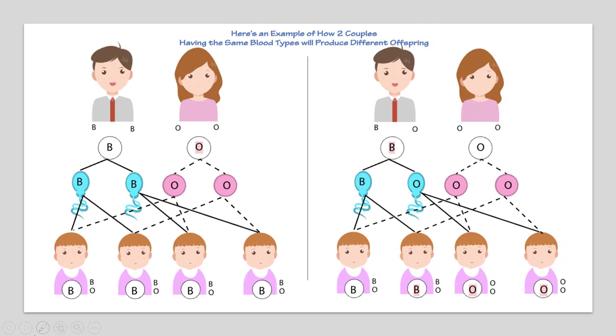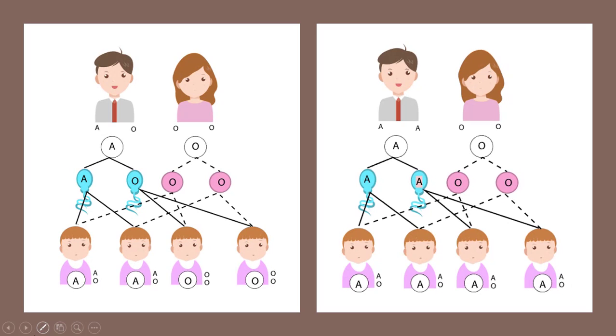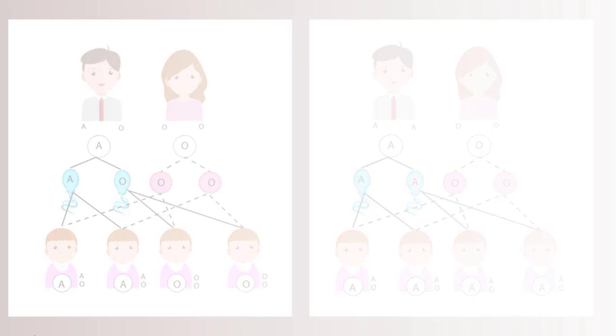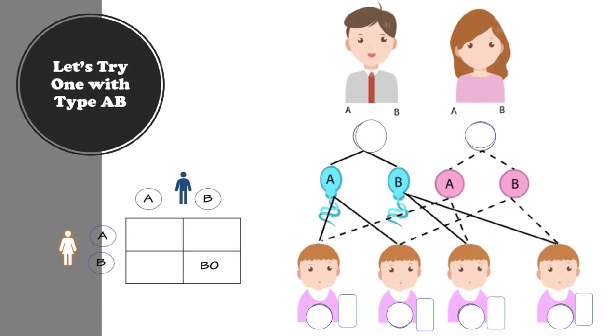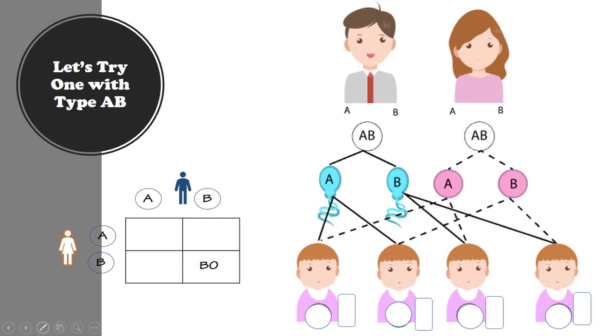Here's an example of how two couples having the same blood types can produce different offspring. So let's try one with AB. So let's go ahead and fill out our Punnett square and see what we get this time.